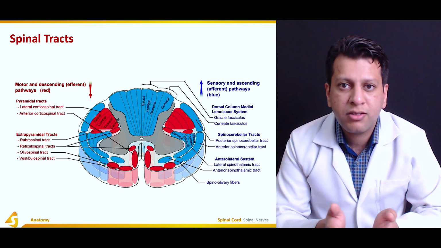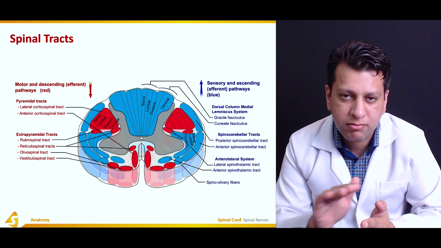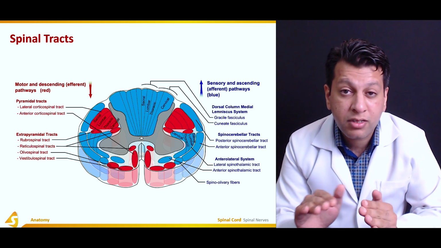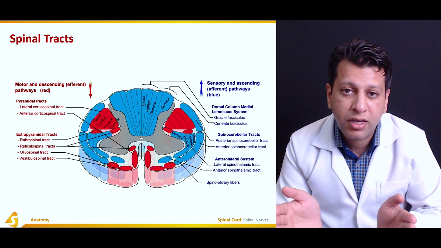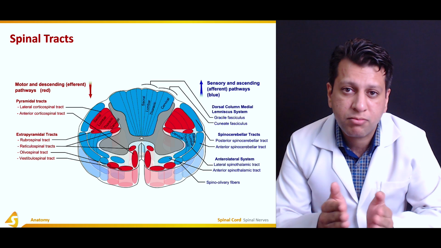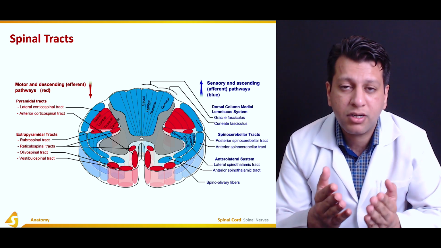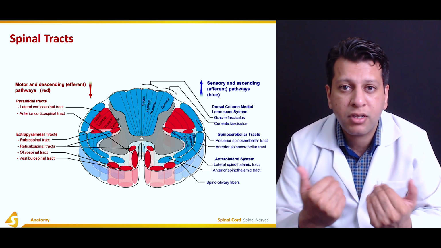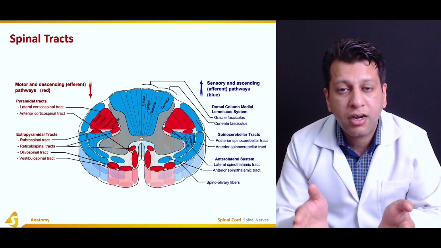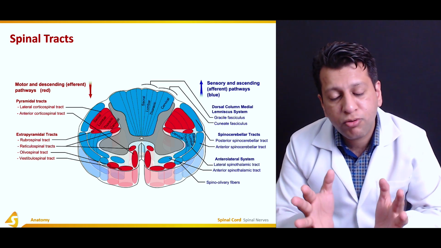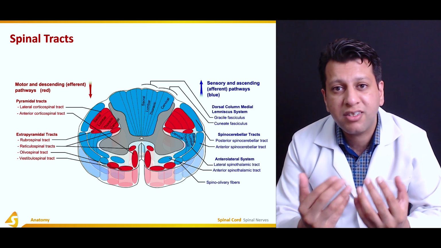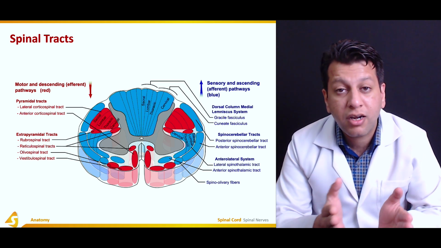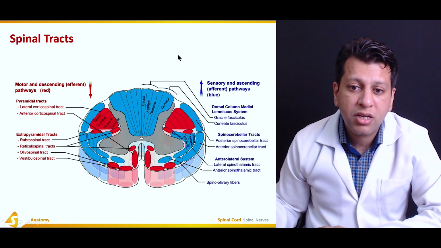When the cord is at the cervical level, the cervical fibers are coming from the arms and upper limbs and taking sensations from that area, so they are lying on the outside, while those fibers which are bringing sensation for the lower limbs, that is the sacral region, are lying on the inside, as you can appreciate over here.